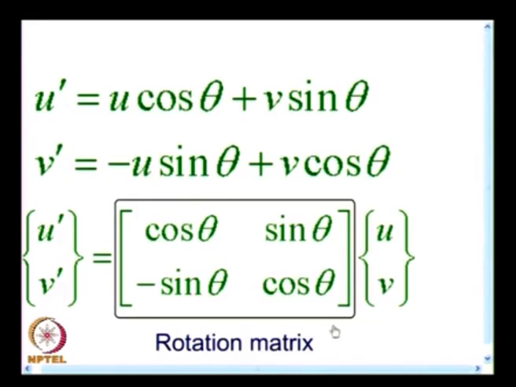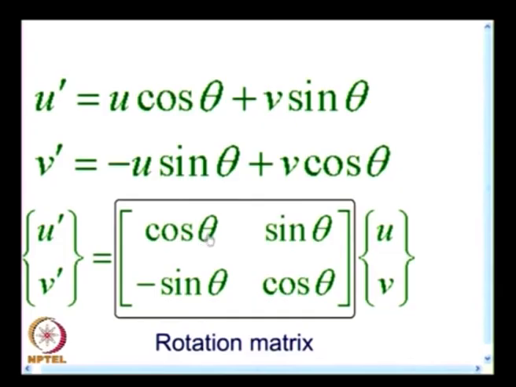So, I will have a rotation matrix, and you have to be very careful about the notation that you are using, theta, and how it is defined. In our development we define theta as the orientation of the slow axis with respect to the horizontal. One can also develop with respect to the fast axis, one can also develop with respect to the slow axis.